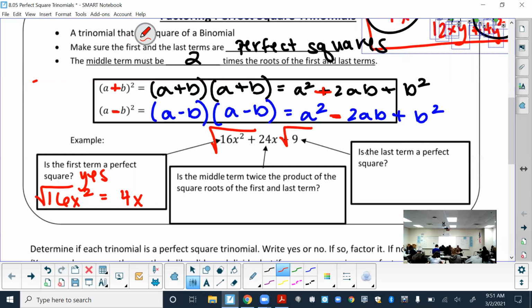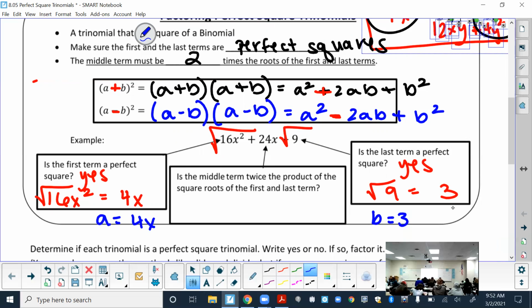Is 9, the last term, a perfect square? Yes. What's the square root of 9? 3. So what I basically found out here is my a value is 4x and my b value is 3. That helps us figure out what the middle term should be for a perfect square trinomial.